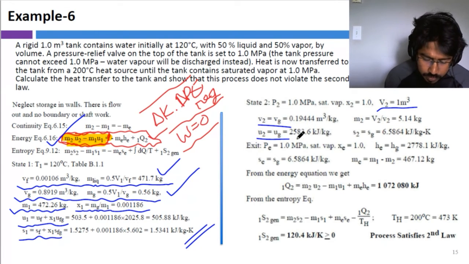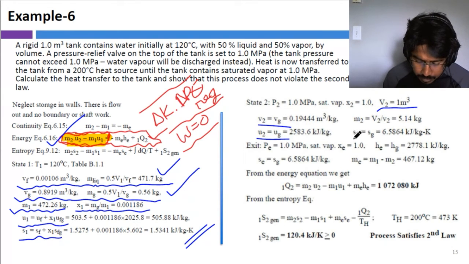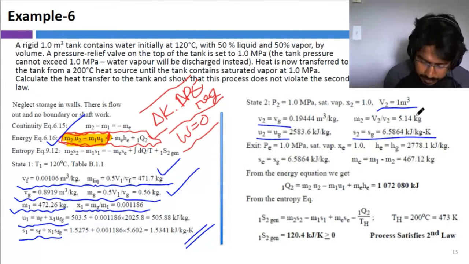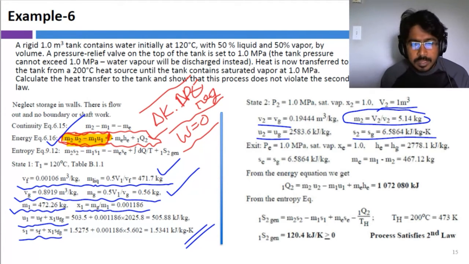We just go to saturated tables and get Vg, Ug, Sg values as our property values. And once we have the specific volume at this stage, then we can calculate our mass flow rate. Not mass flow rate, mass inside the system at state 2, right?